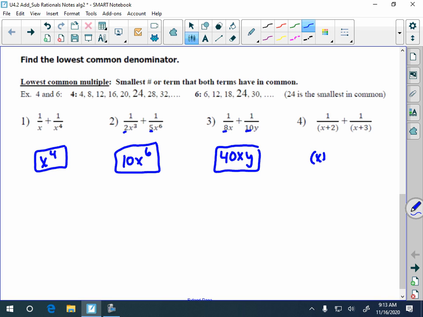So x plus 2 times x plus 3 would be our lowest common denominator. You need both of them. It's like having x and y. They're different, so you multiply them together. We're not going to actually multiply this out. We leave it factored, but you're showing that you're multiplying them together.